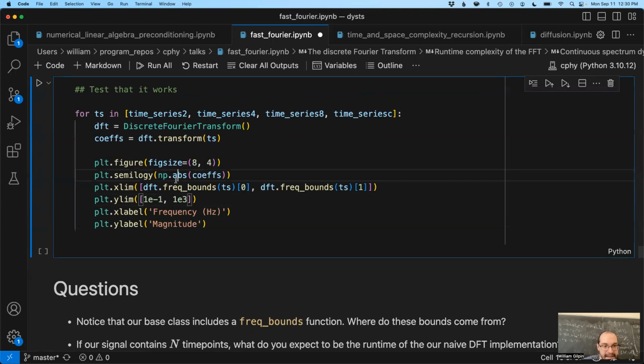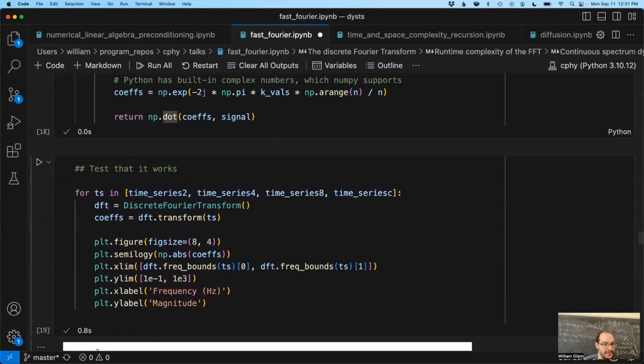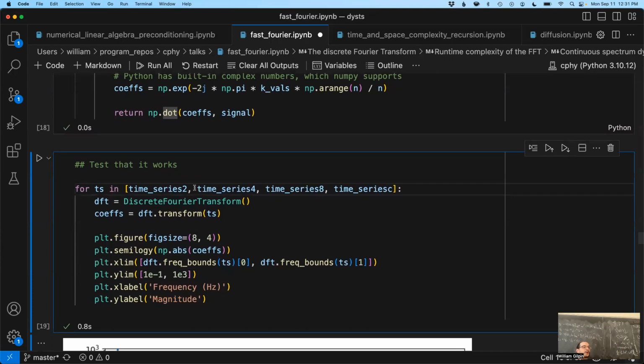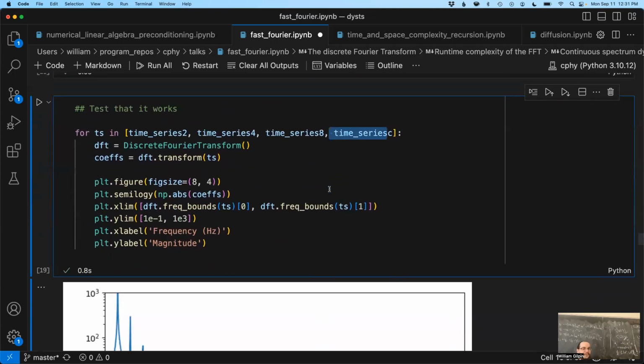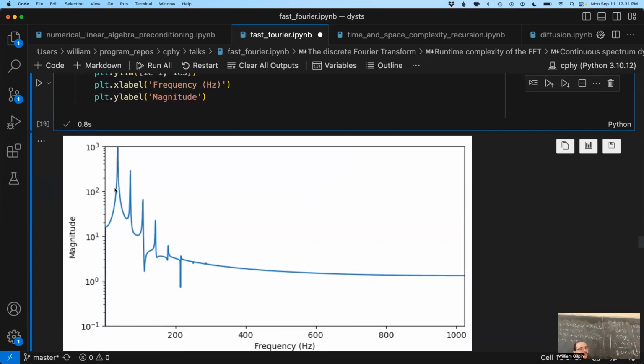I'm going to go ahead and calculate that for a bunch of time series that I just computed. So this loop is going to loop over my period 2 time series, my period 4, my period 8, and my chaotic time series from my turbulence experiment. Okay, so when I do that, I get kind of what I expect, which is that my Fourier transform for the period 2 case has these harmonics, which if you read off the axes correspond to the frequency that you observe when you just look at that oscillating signal.